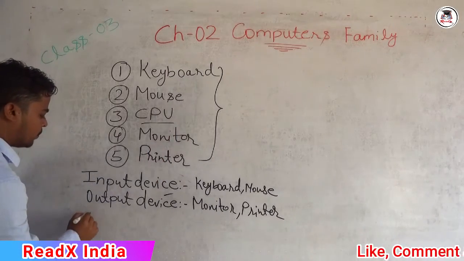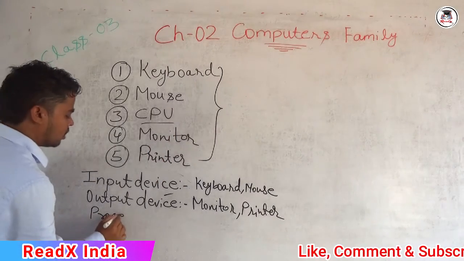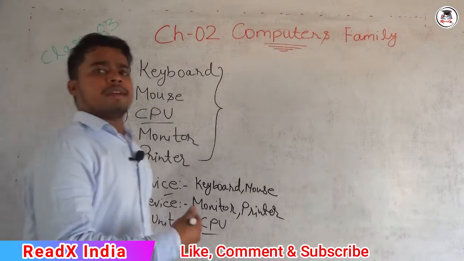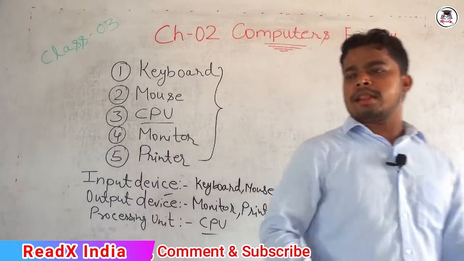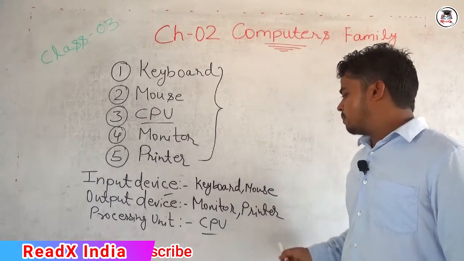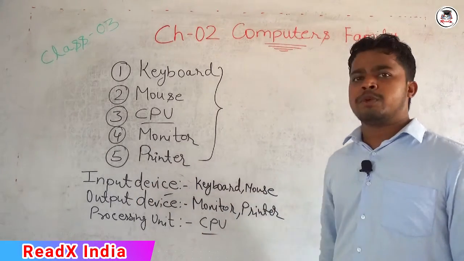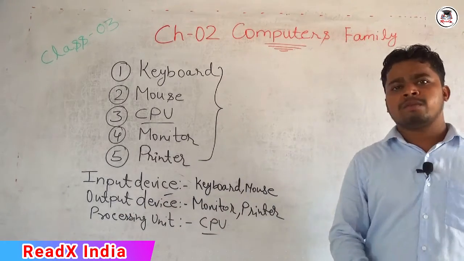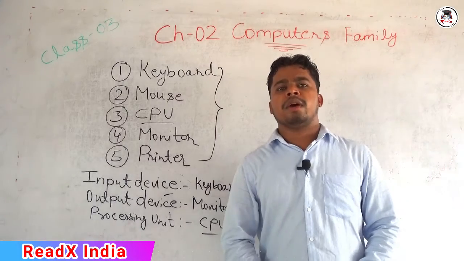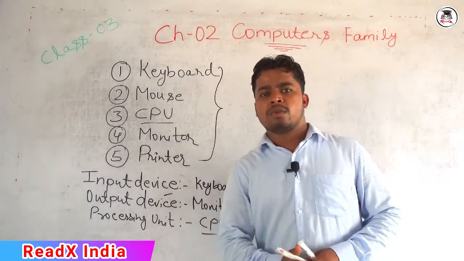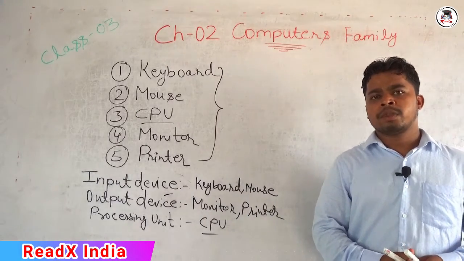Now the CPU is a processing unit. Whatever instructions are passed by the input device are processed with the help of the CPU, and finally with the help of the output device we get the final result. CPU stands for central processing unit.